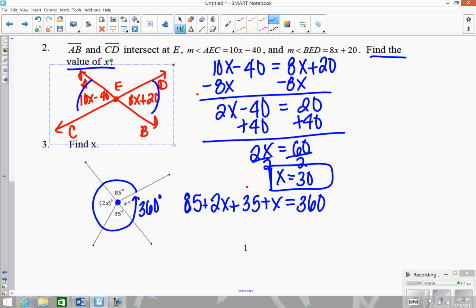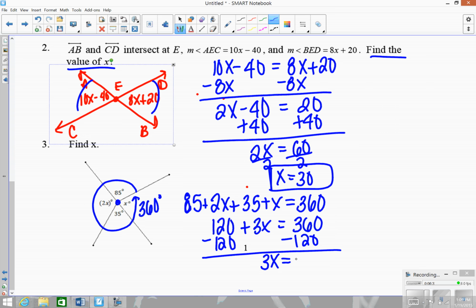Combine like terms: 85 plus 35 is 120, plus 3x, equals 360. Subtract 120 from both sides, so 3x equals 240. Divide by 3, we get x equals 80, and that's it.